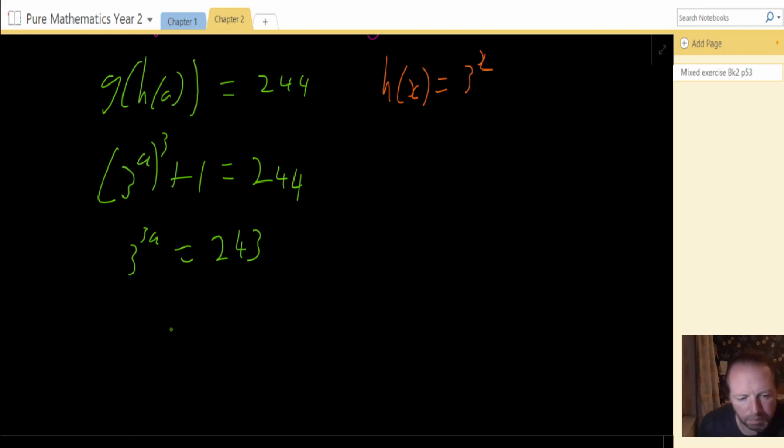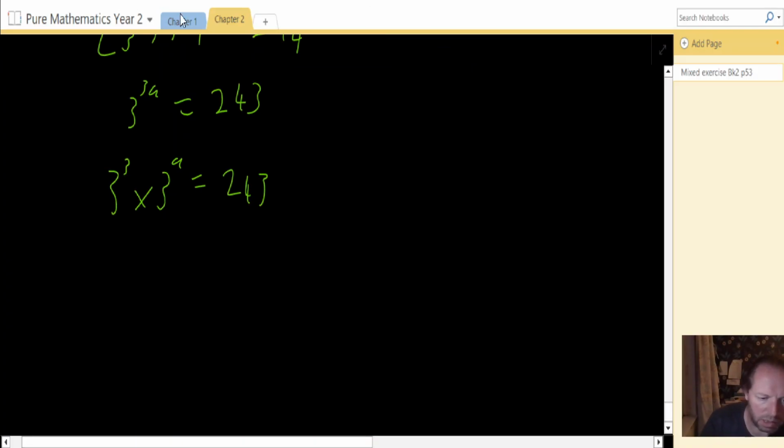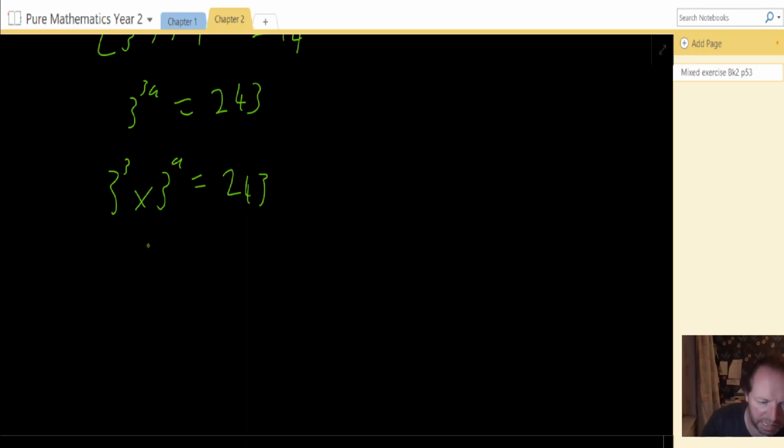3 to the power 3a, or 3 cubed times 3 to the power a, is equal to 243. So we can say that 27 times 3 to the power a is equal to 243. 243 divided by 27 is nothing particularly nice.